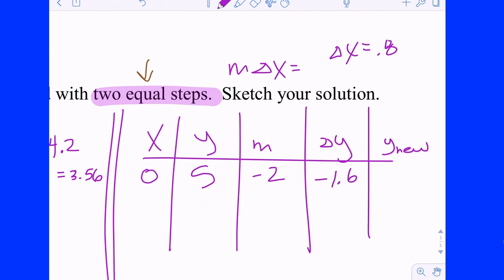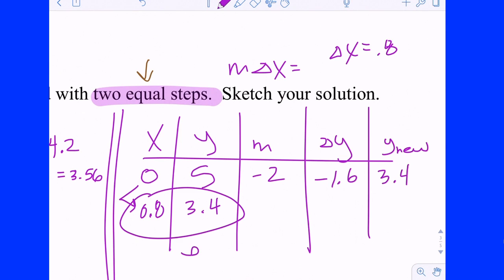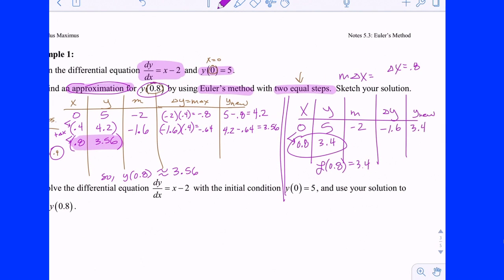And my new y value would be 5 minus 1.6, which is 3.4. And now I add my 0.8, and I'm at 0.8 comma 3.4. So 3.4 would be L of 0.8. If you were to write the equation of the tangent line, you would get 3.4. So Euler's method with one step is linearization.